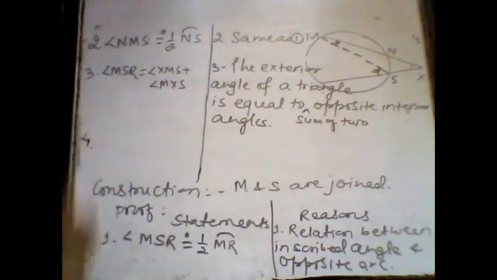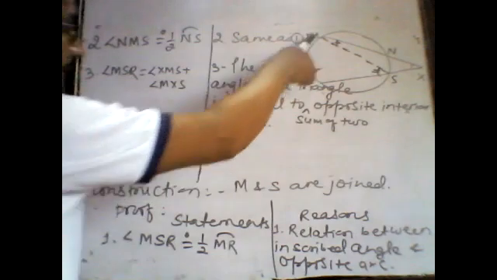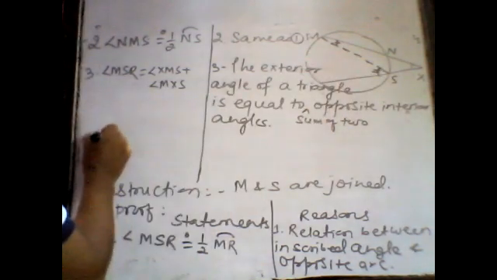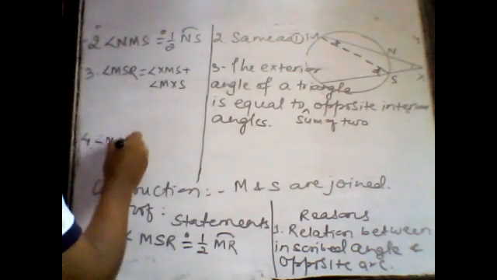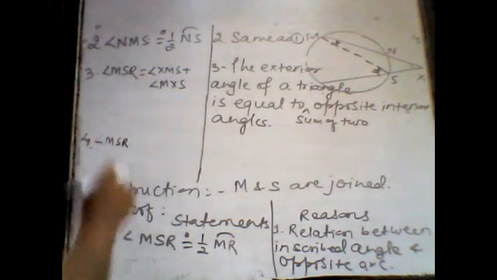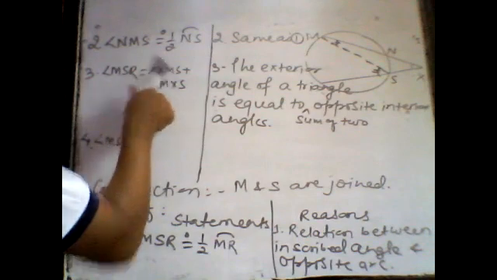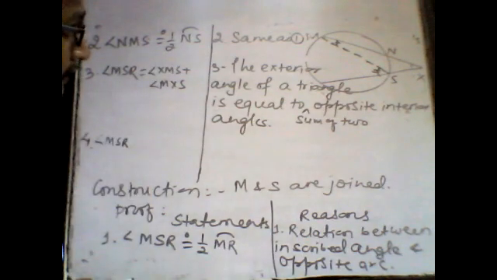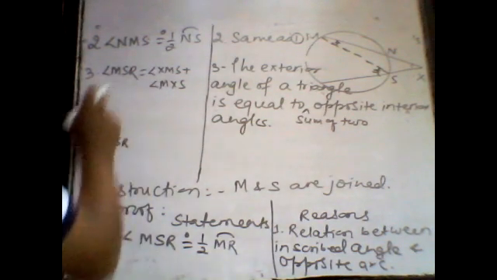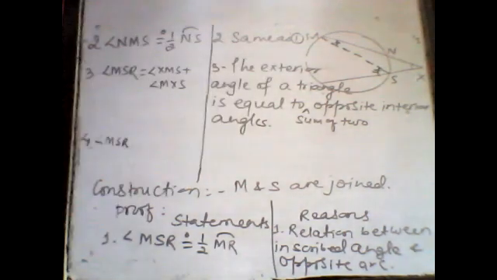Now in number 4, if you combine all statements 1, 2, and 3, angle MSR equals, what is the value? XMS. MSR, we have the relation. Finally, what we have to put there?